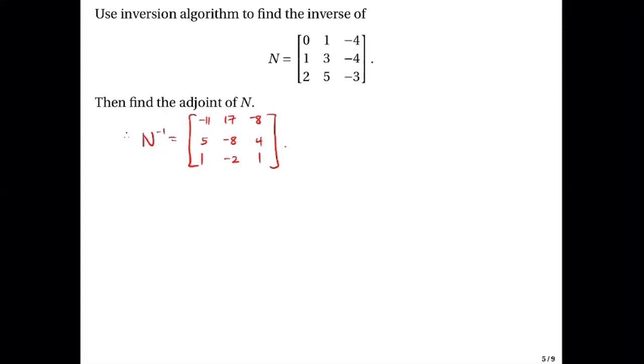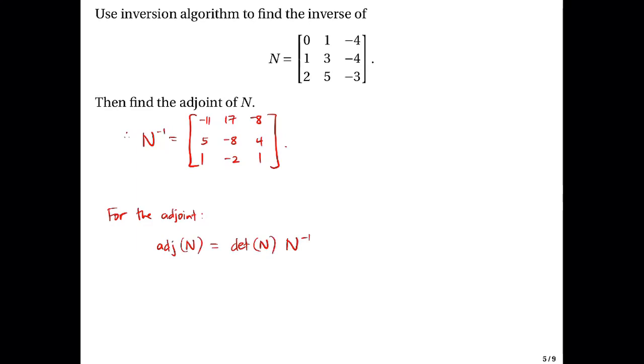Now, what about the adjoint of n? For the adjoint, recall we can use the following. The adjoint of n is equal to the determinant of n times n inverse. So all we need to do is to find the determinant of n here.